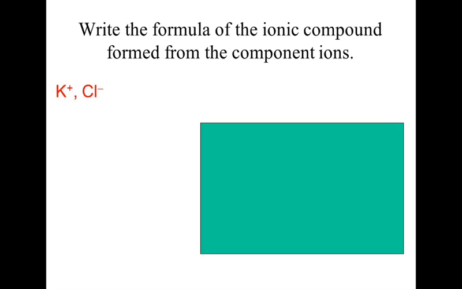First off, you guys okay with the K plus and the Cl minus? Okay? You know where those came from. So the crisscross to get the neutral formula unit looks like this.